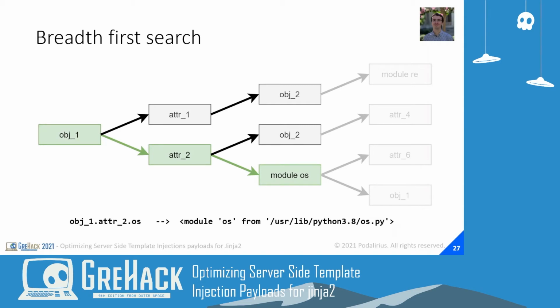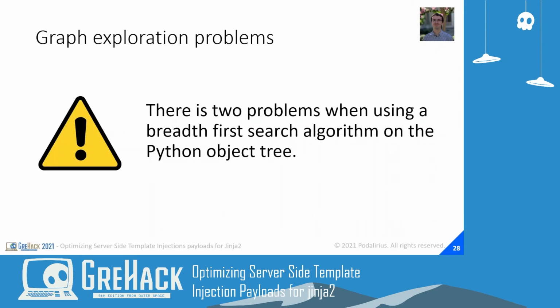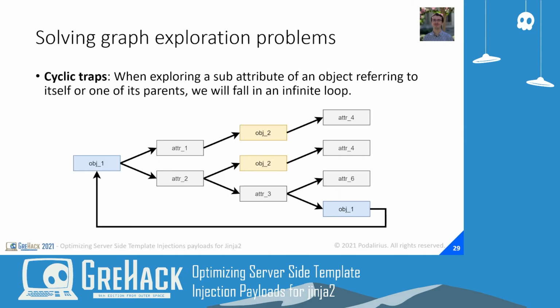And this path is at object1.attribute2.os. So when we explore the Python object tree as a graph in breadth first search, we can have at least two problems. The first one is cyclic traps, which means if we have, like in this example, an object which refers to itself in one of its children, you will have an infinite loop.